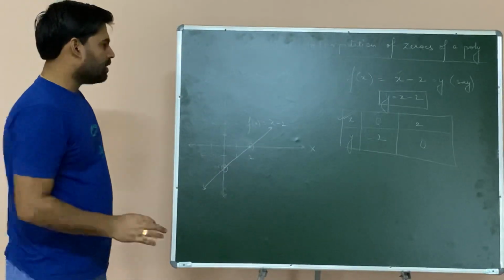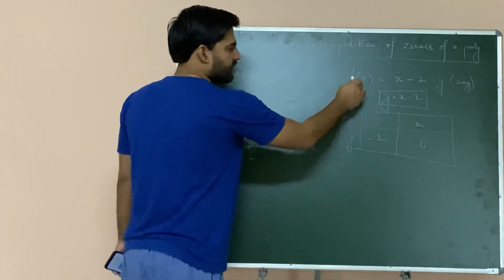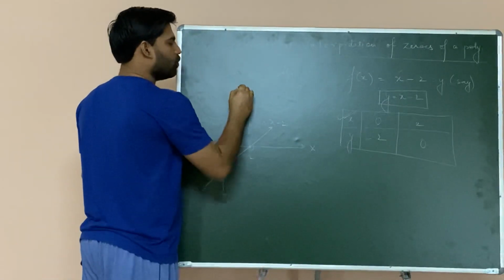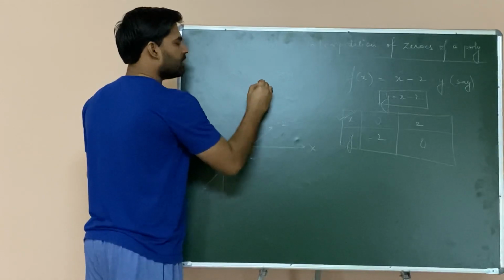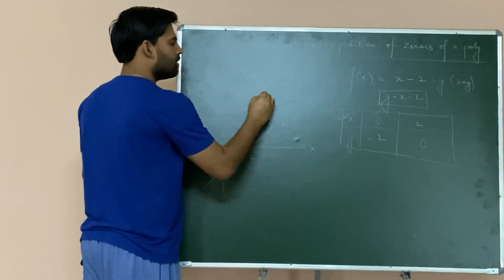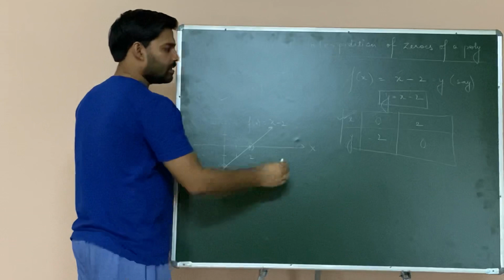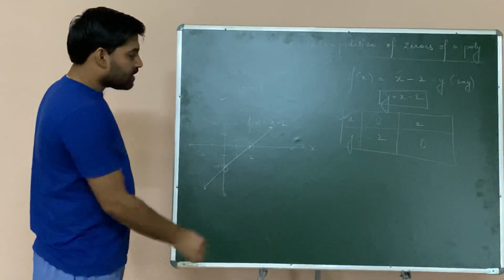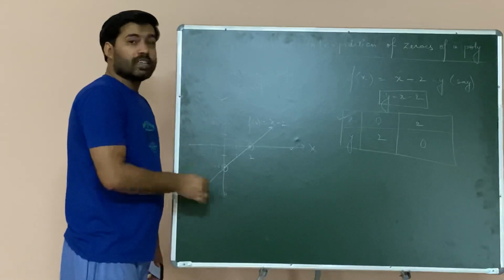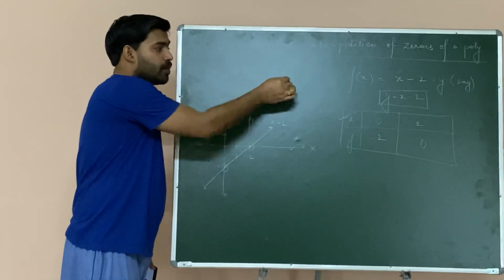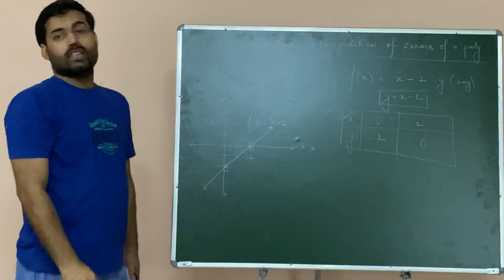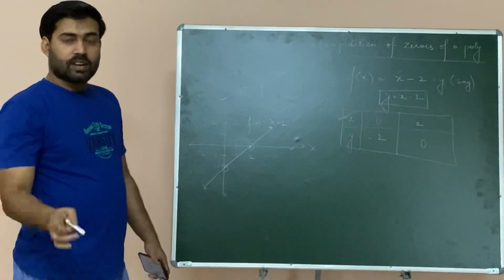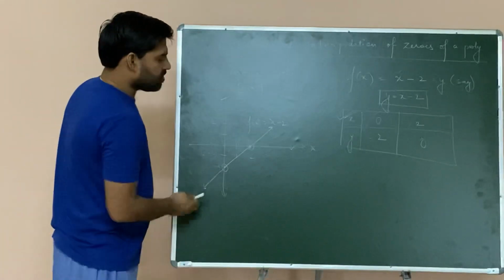Here one thing you need to understand is that the value of f(x) that you are taking to be y is plotted over here. This is the place where we put f(x). This is the line of f(x) and this is the line of x. This is how you are getting a line. Since this is making a line, this is following a line, that's why this kind of polynomial is said to be a linear polynomial. That means every linear polynomial's graphical interpretation would be a straight line.